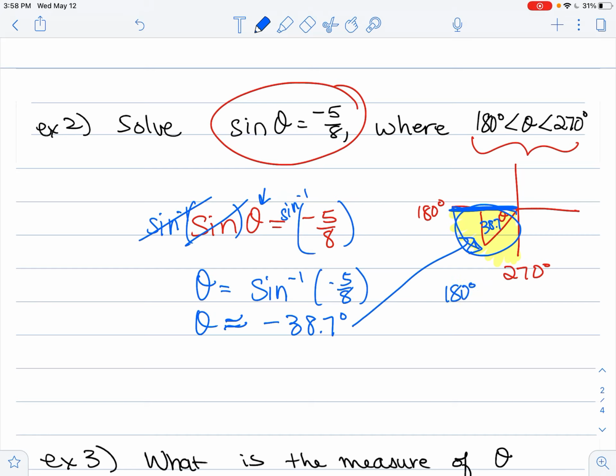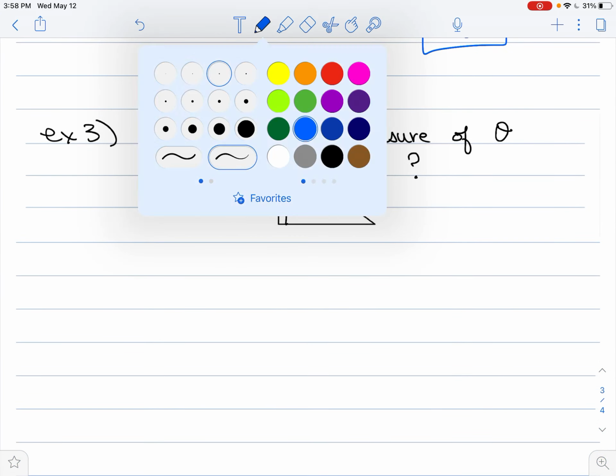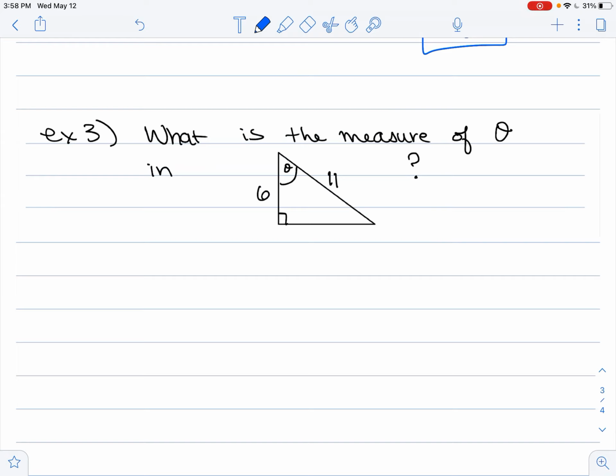So we're going to go 180 plus the 38.7, and we end up with 218.7 degrees is that angle if it was in standard position. So this is right here, 218 degrees, 0.7.